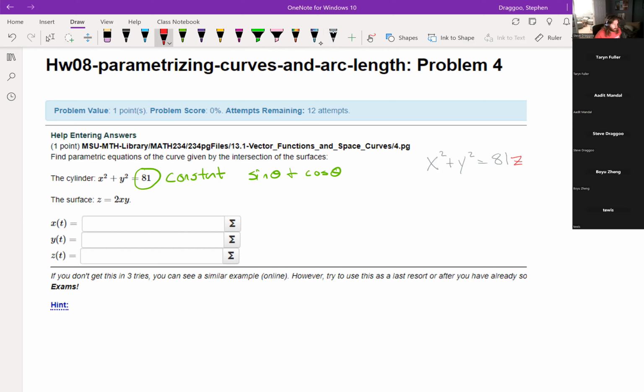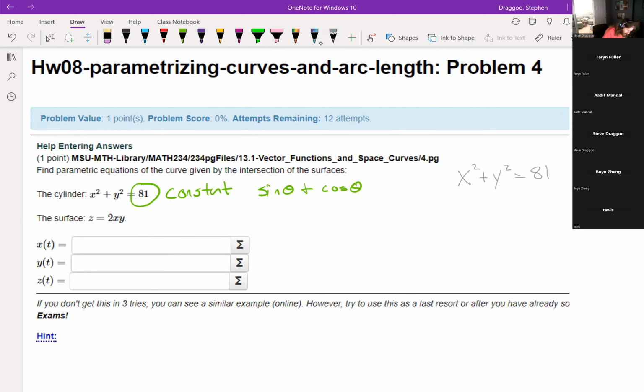But if we instead looked at something other than a constant number on the other side, we probably are going to want something else, something that's not sine and cosine. So I'm going to make the note, probably something else.